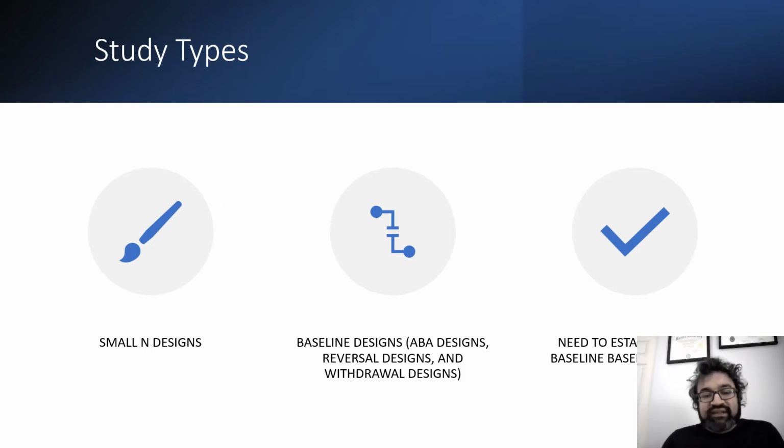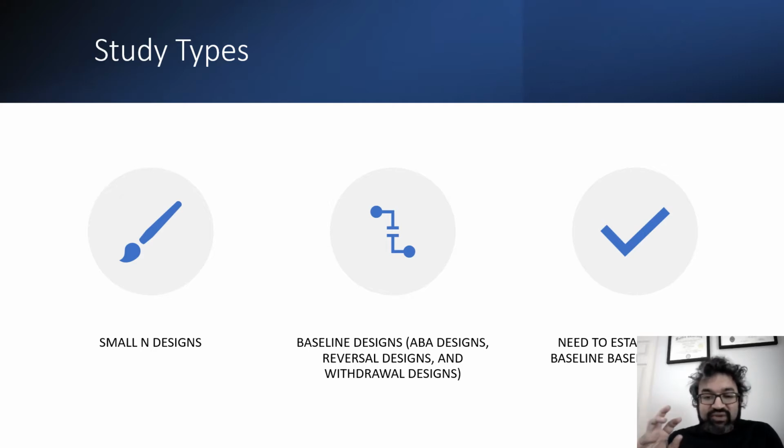So small n designs are known by a number of things. These are known as baseline designs, so they may be known as ABA designs. You might have heard them as reversal designs and withdrawal designs.